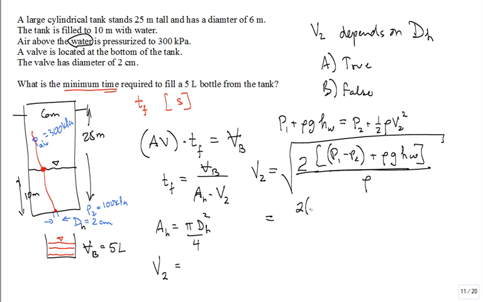2 times, what did you say, 200? Yeah, it's 200. And then kilonewtons per meter squared plus 9.81 kilonewtons per meter cubed times 10 meters divided by 1,000 kilograms per meter cubed.